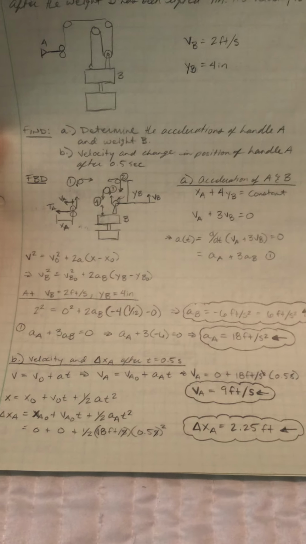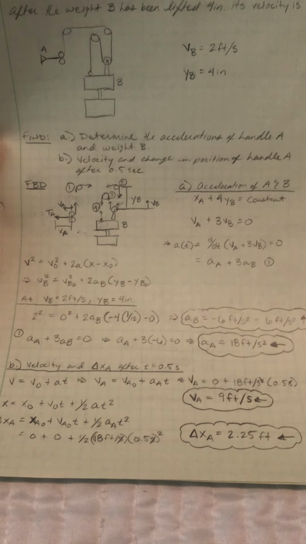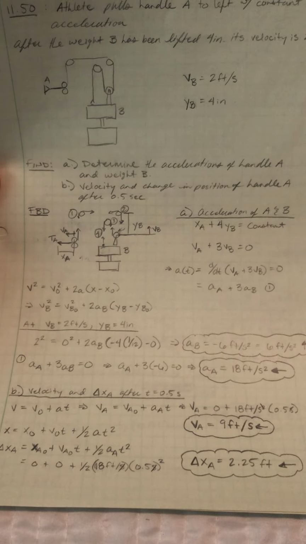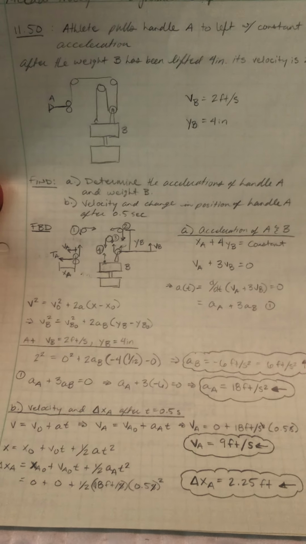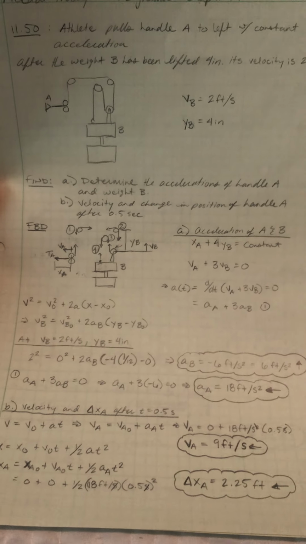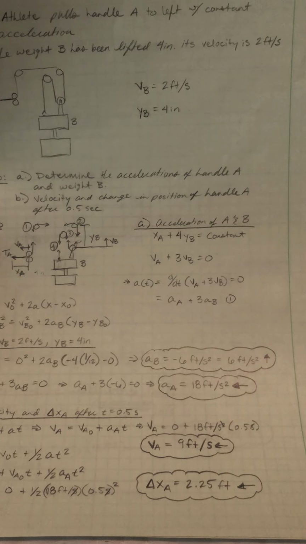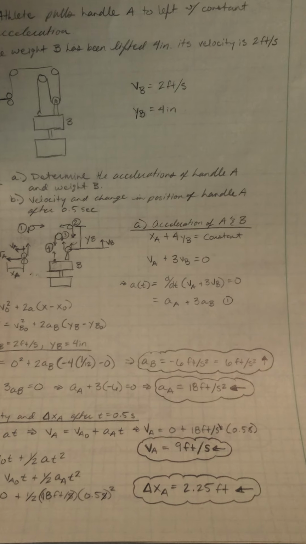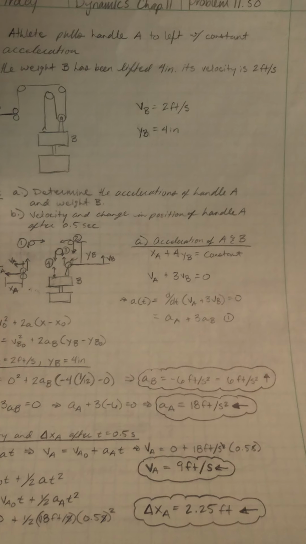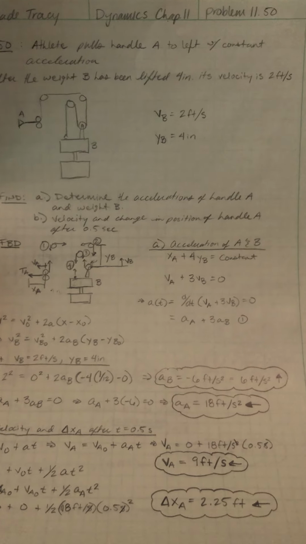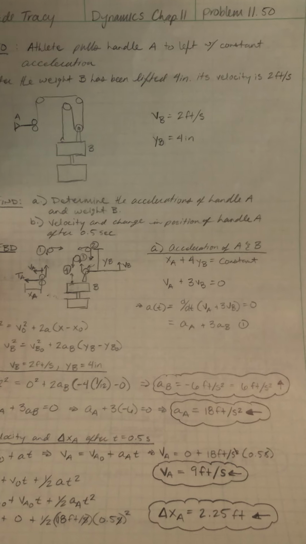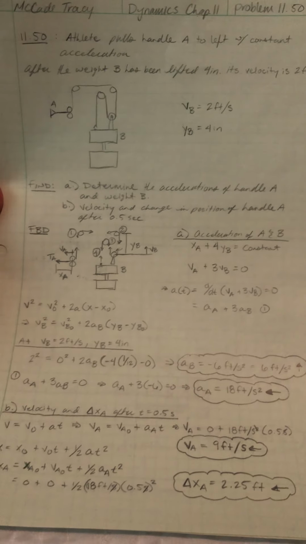And plugging in what we know, that vB is equal to 2 feet per second and yB is equal to 4 inches, we're able to find that the acceleration of B is equal to 6 feet per second squared up in the positive direction, and acceleration of handle A is 18 feet per second squared to the left.